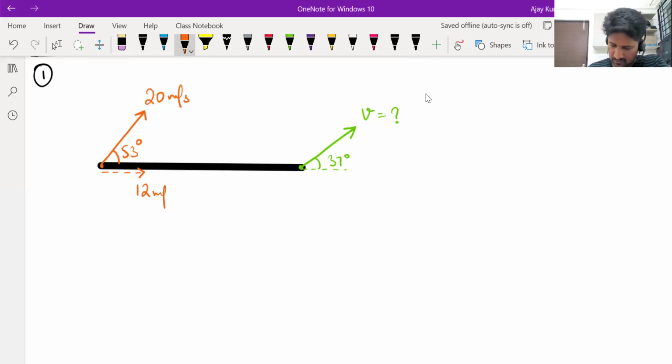Correct. Now, the other one, velocity V is unknown, the magnitude is unknown, but it makes an angle of 37 degrees with the rod. In terms of V, how much is this component?